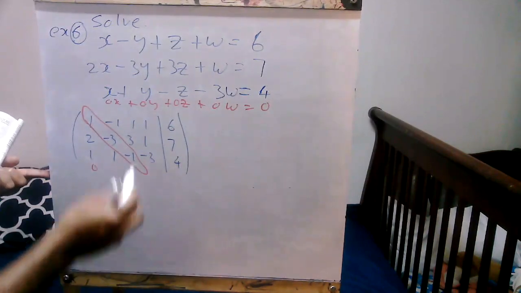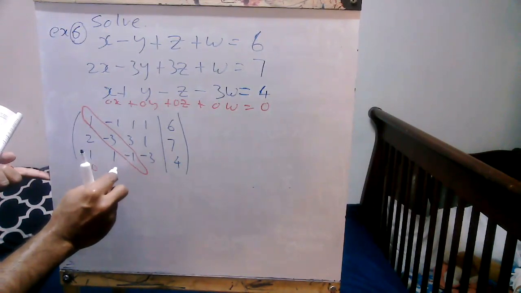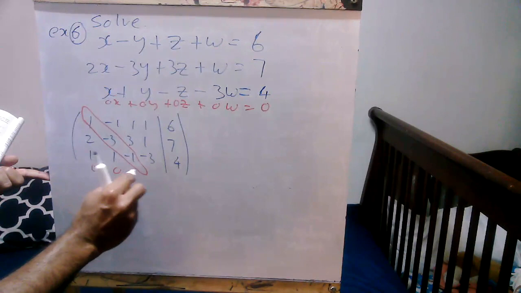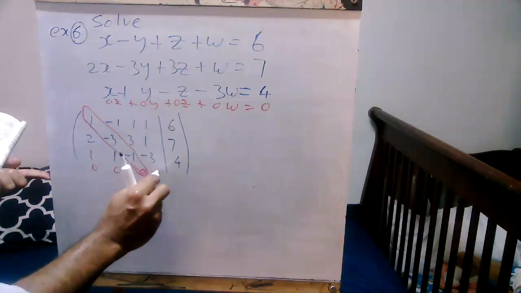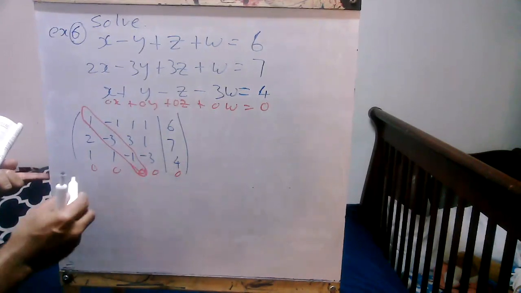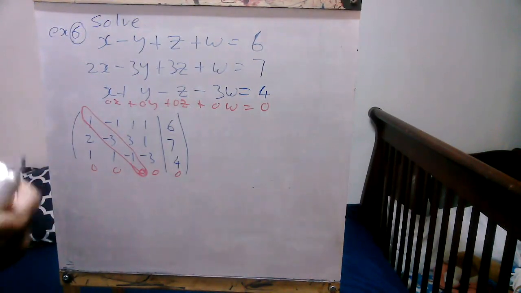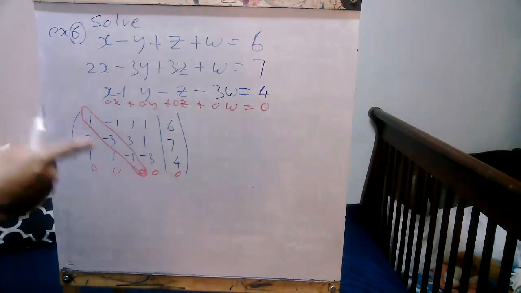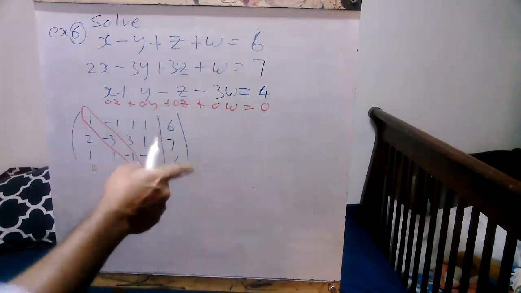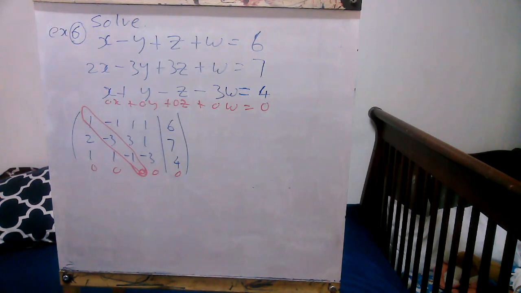Assuming that, we can write a third row here, 0, 0, 0, 0, right? You don't have to write that, but at least keep that in mind. Okay, we can have zeros there, right?